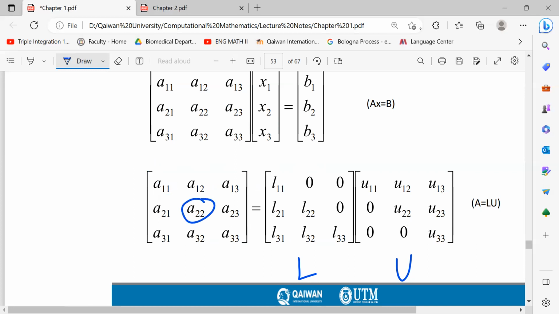This element is in the second row and second column. That's why we write A22. Then this one is in the third row and first column. That's why the subscript is 31.